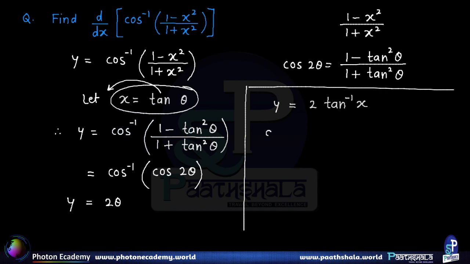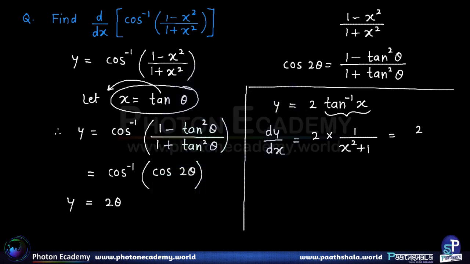And now to differentiate y with respect to x, we can easily do that because we know the derivative of tan inverse, which is a standard function. So it is 2 into the derivative, which is 1 upon x square plus 1. That's the final answer, which is 2 upon x square plus 1. So this is how we have to identify the pattern and only then use the substitution for simplifying the process of differentiation.